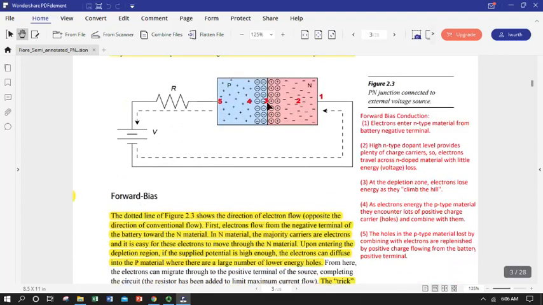Okay, and this type of operation where we use an external source to push charges towards the PN junction and climb the hill is known as forward bias. And in this mode, because we're pushing the charges towards the interface and we're giving a voltage to let them climb that hill, the diode conducts very easily.